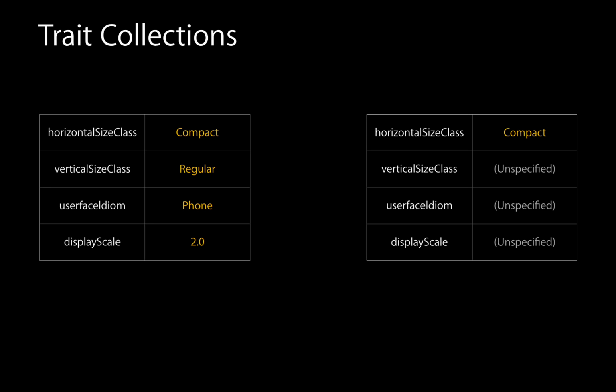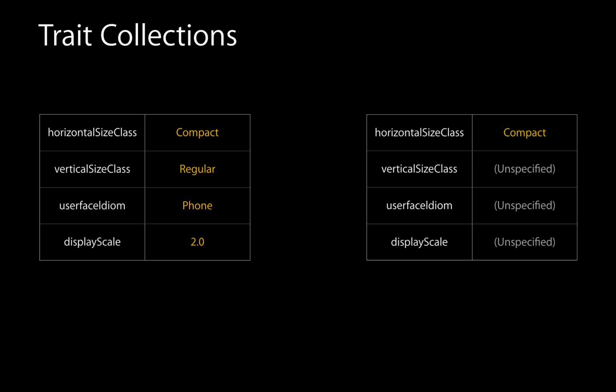And we call these missing values unspecified. Generally, though, when you ask a trait environment for its trait collection, you'll get back a fully specified trait collection like the one on the left. However, if a trait environment, like a view or view controller, is not inside of the view hierarchy, you might get back unspecified values, like the trait collection on the right.